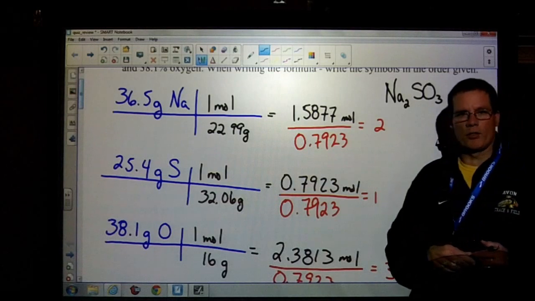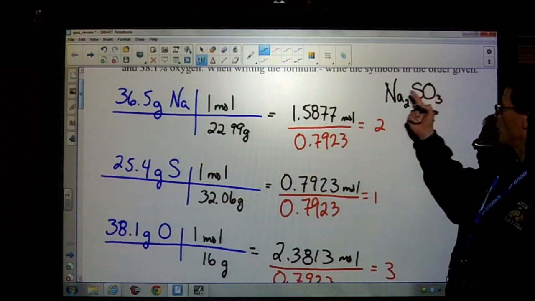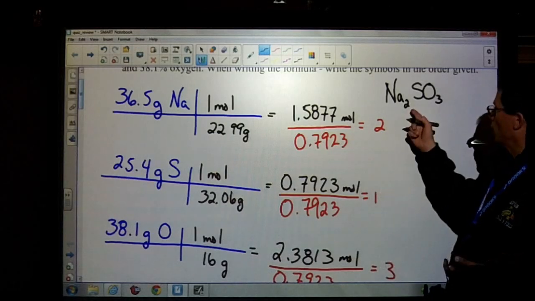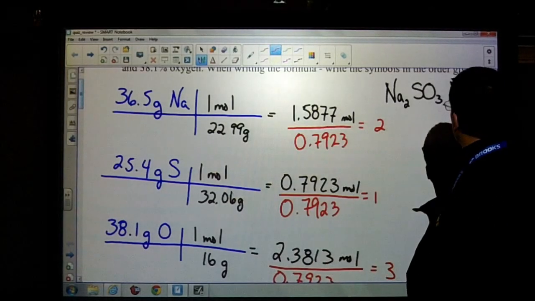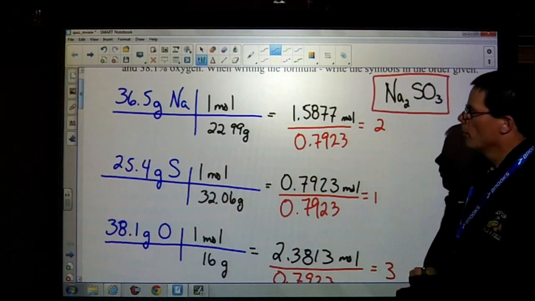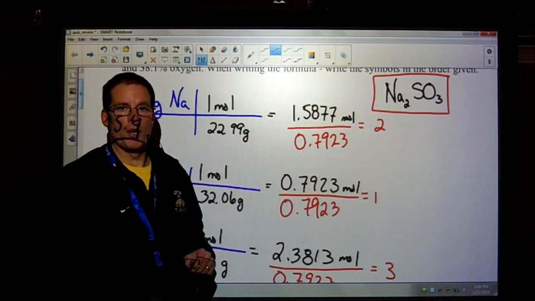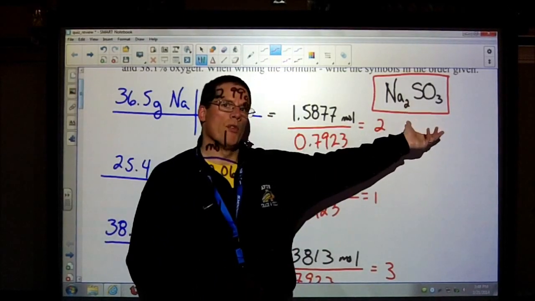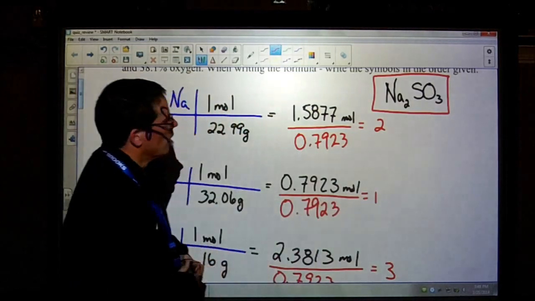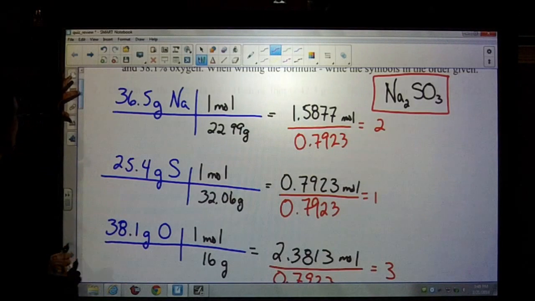It's 1 less oxygen than the sulfate, and it's sulfite. This still has a -2 charge. The sodium has a +1 charge. That's why there's 2 of those. So if you remember some of the naming from the first semester, look at the charges to check your charges when you have a metal with a non-metal, especially from a polyatomic that has either 1 oxygen removed or 1 oxygen added to it. So Na2SO3 is the answer for this first problem here.